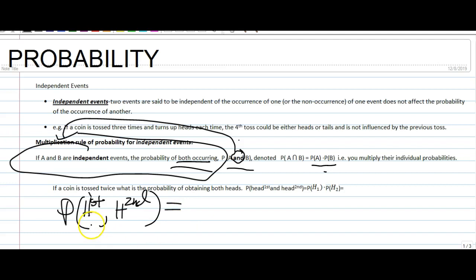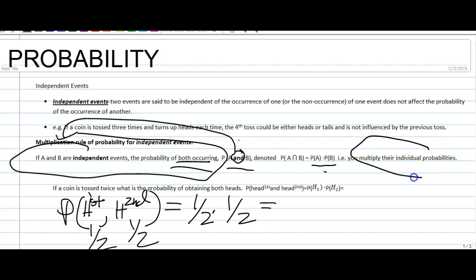The probability that I get heads on the first toss is 1/2. The probability I get heads on the second toss is 1/2. So the probability that I obtain heads on both tosses is equal to the product of their individual probabilities, which is 1/2 times 1/2, which is 1/4, or approximately 0.25.